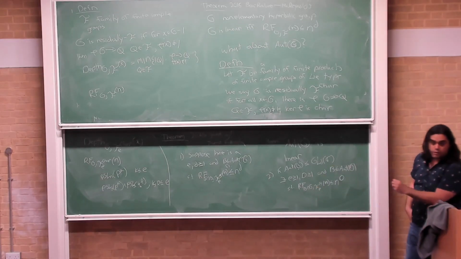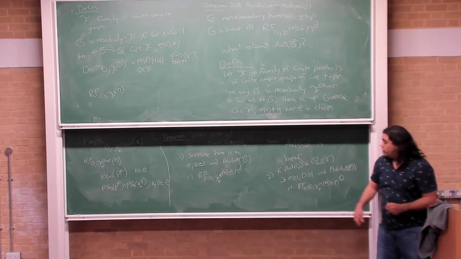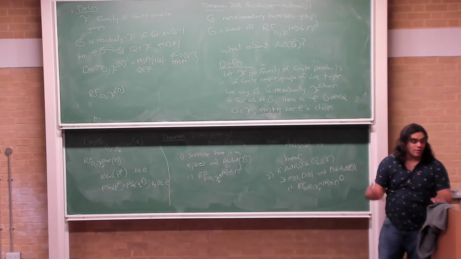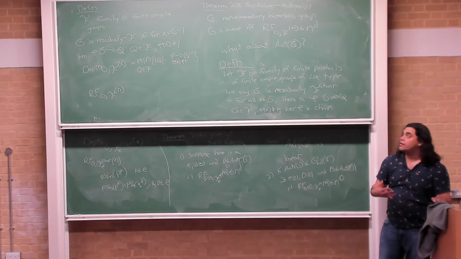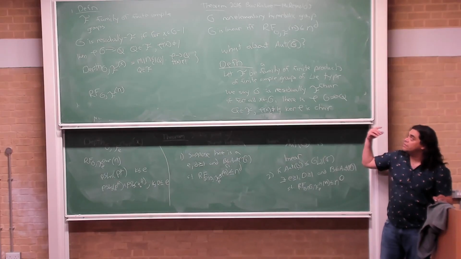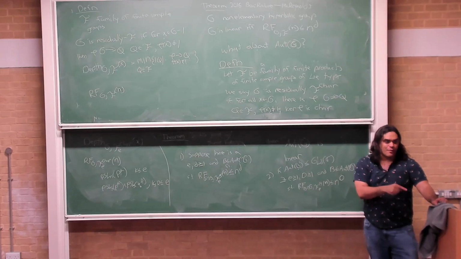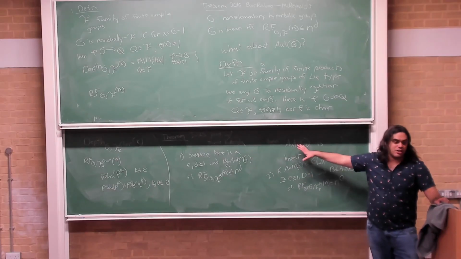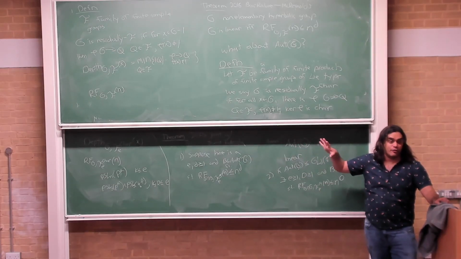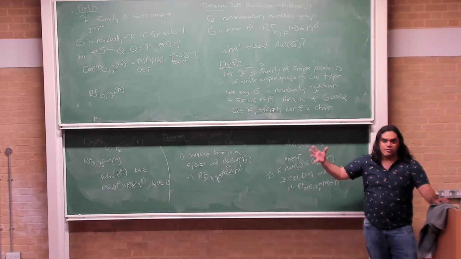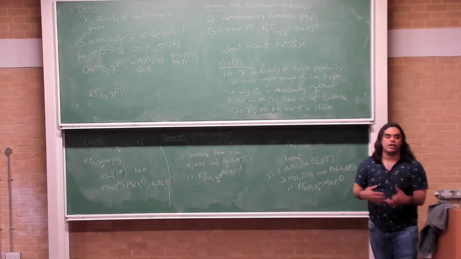Okay, so the reason why we have to pass to finite index subgroups is because you may not have any morphisms from your group, even given a representation, to a finite product of finite simple groups. Let's say you want to use strong approximation.